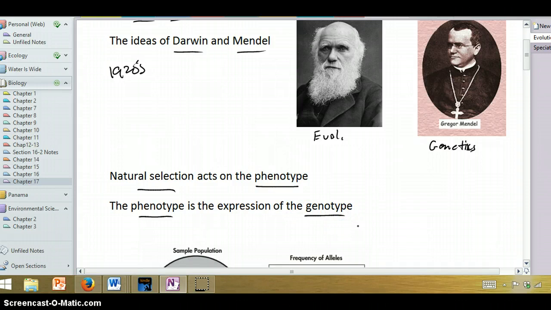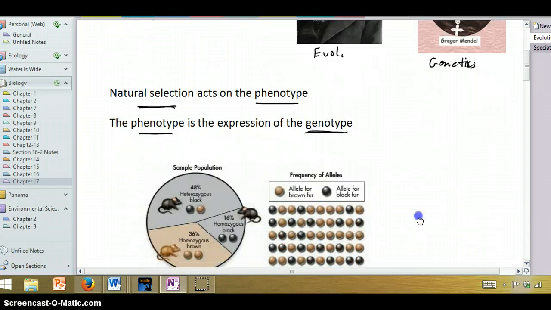So the combination of genes you have determines your phenotype, and it's the phenotype upon which natural selection acts. So essentially, natural selection acts indirectly on the genotype.